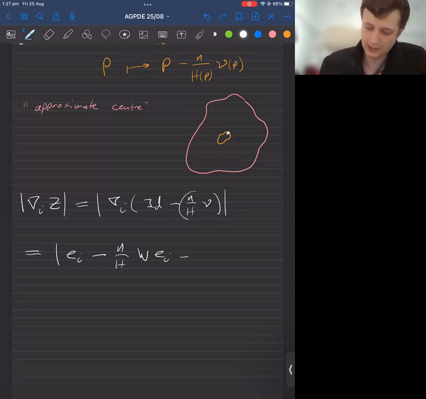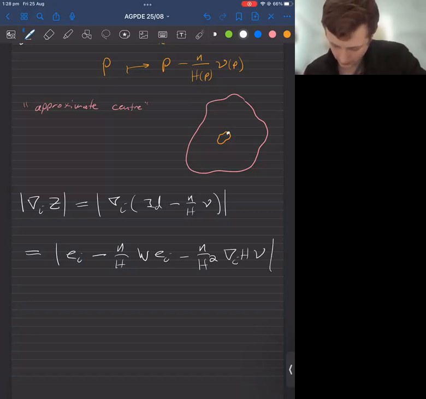And then I have to differentiate this part, so I get n on H squared, nabla_i H nu. Maybe you need a plus there.